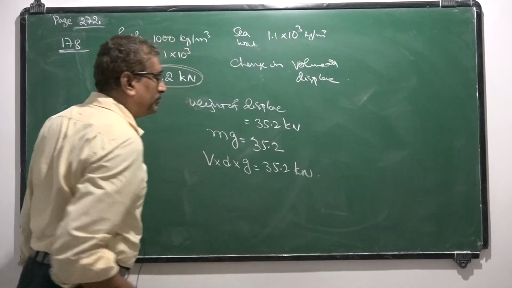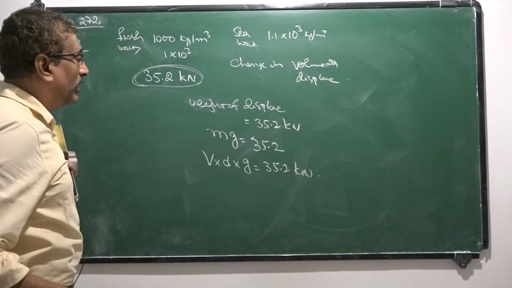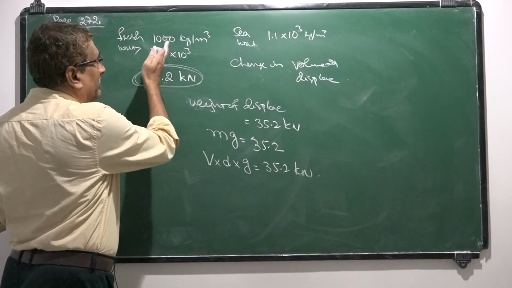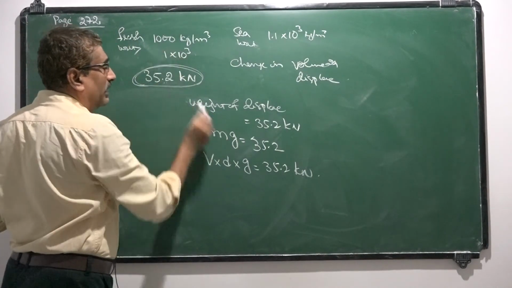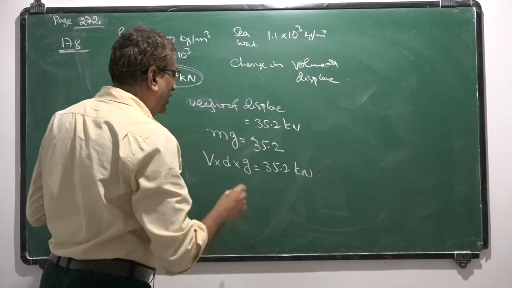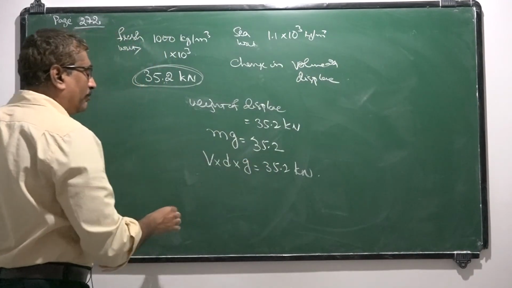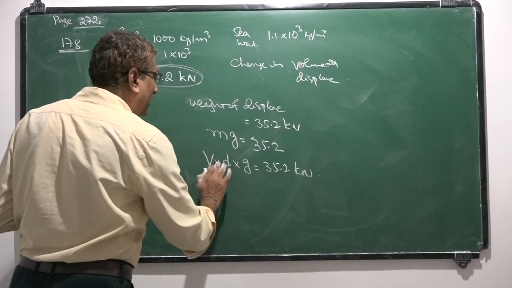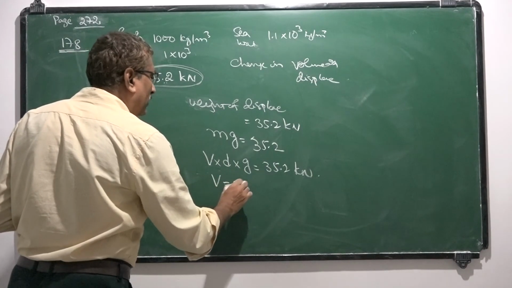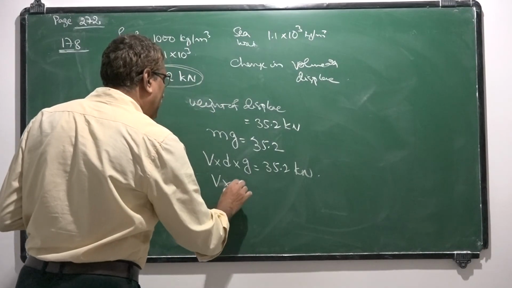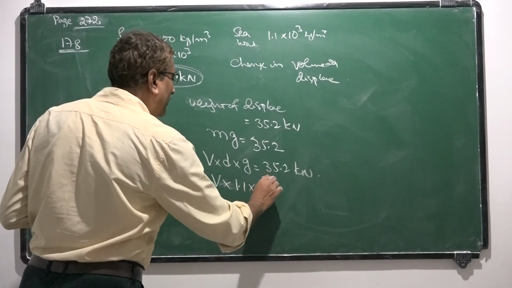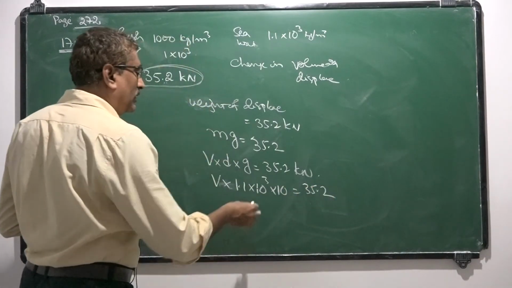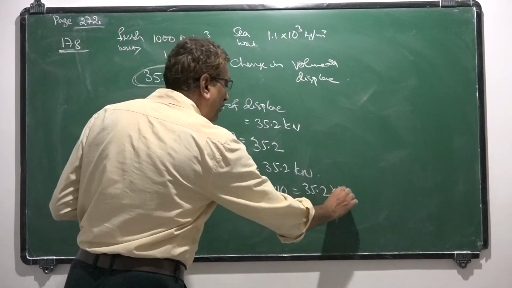Now we have to calculate, but this volume displaced is different because the density is different for this one and different for this one. So we can write like this. We have to calculate this volume. So V into 1.1 into 10 cube into 10 is equal to 35.2 into 10 cube newton.